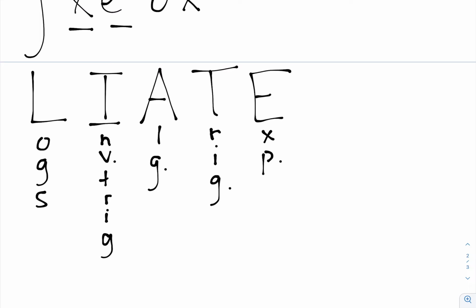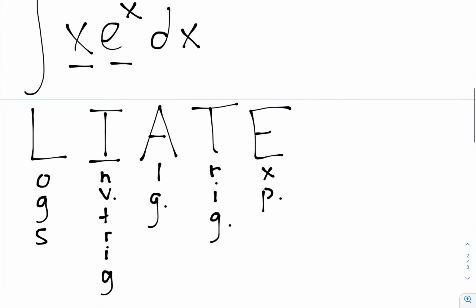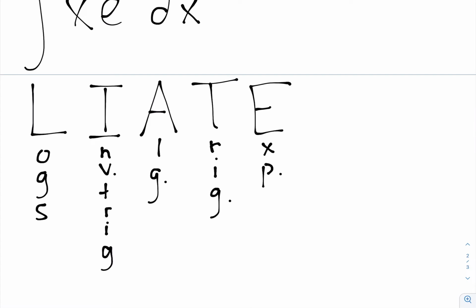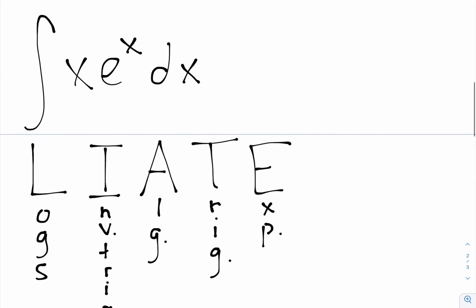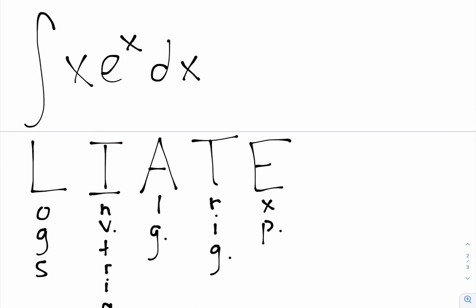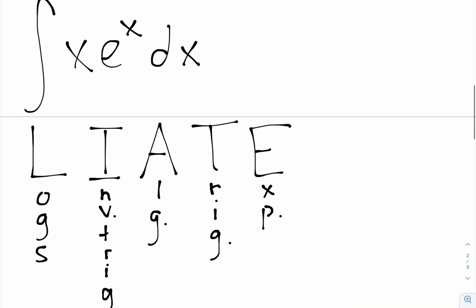At the same time, you also want to balance where you're able to differentiate that u term, because it's easy to differentiate logs and algebraic expressions. You could differentiate almost anything you wanted, but integrals are a bit harder. So this is a system that I find super helpful. In terms of the order that we should pick, x, right?